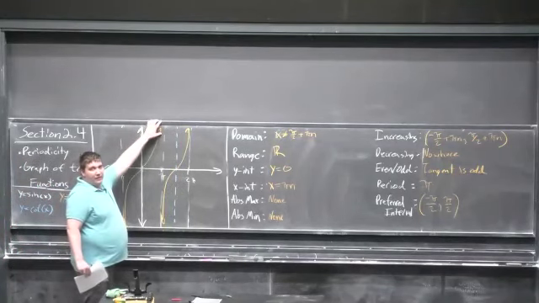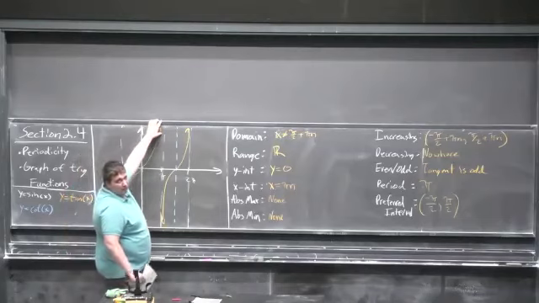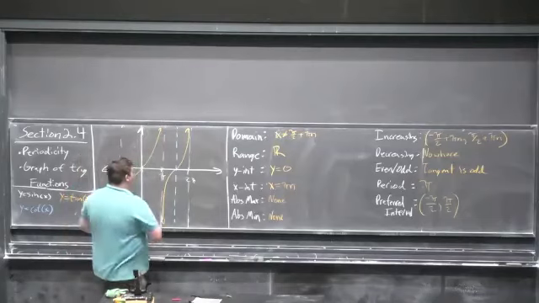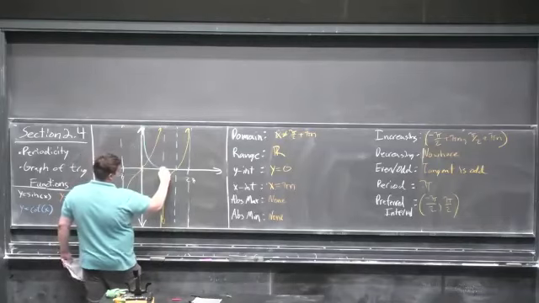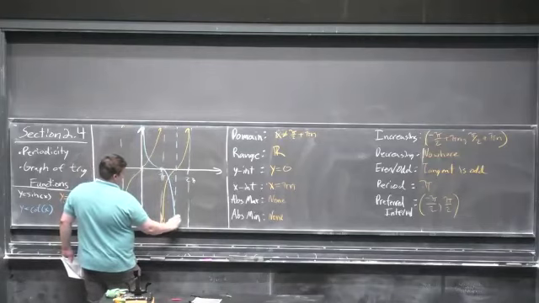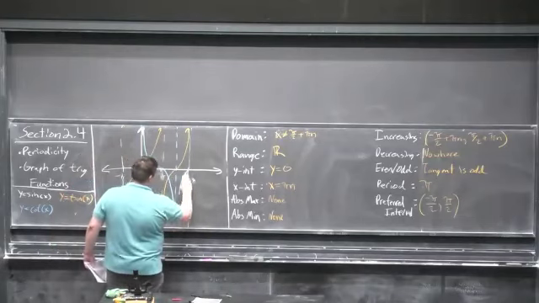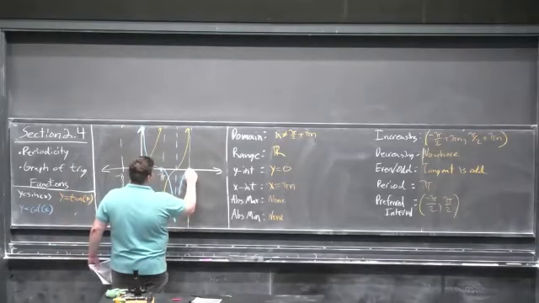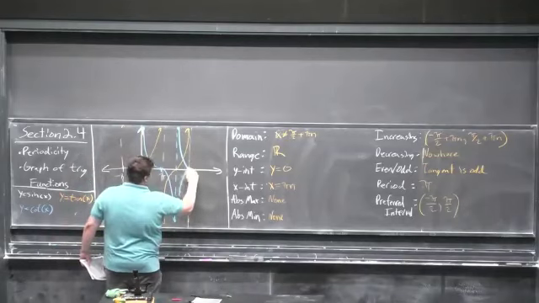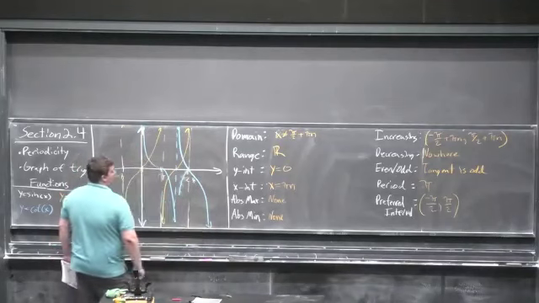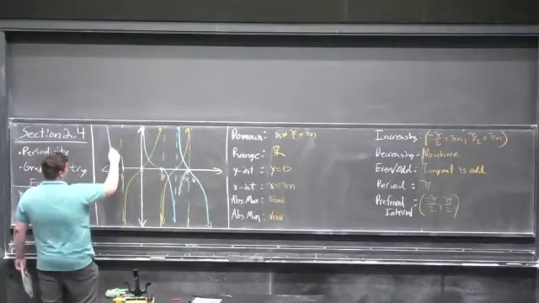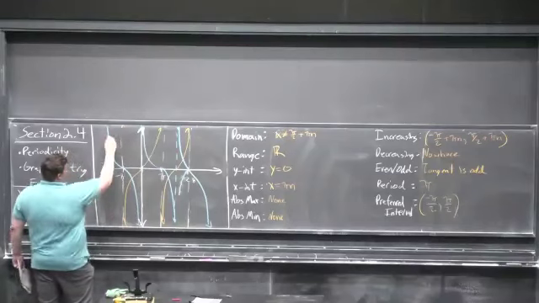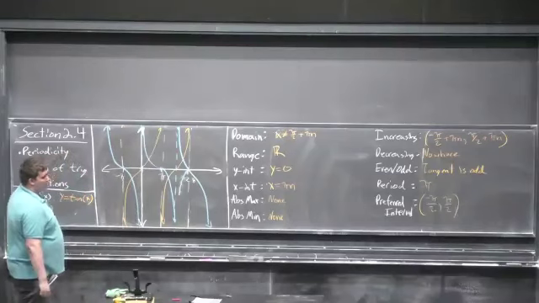What's 1 divided by a really large positive number? It's going to be a really small positive number. So I'm going to look something like this. It looks kind of like tangent, but shifted and flipped.